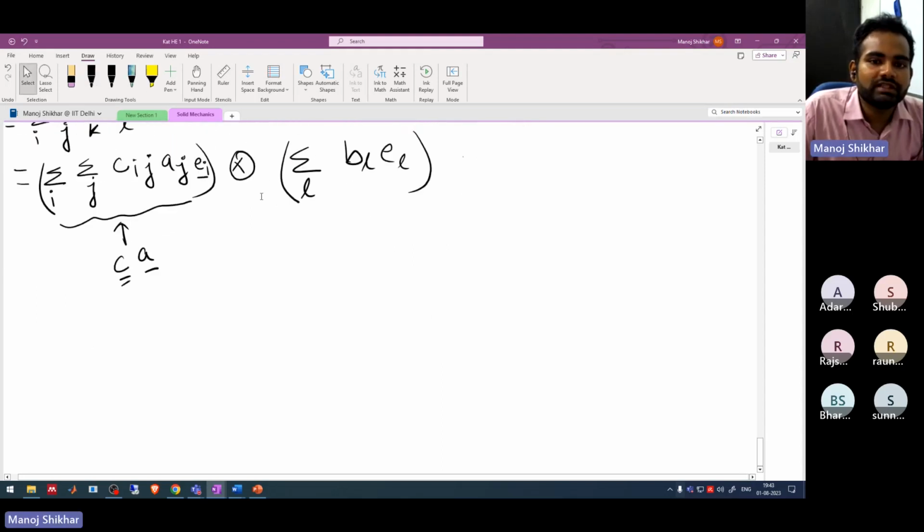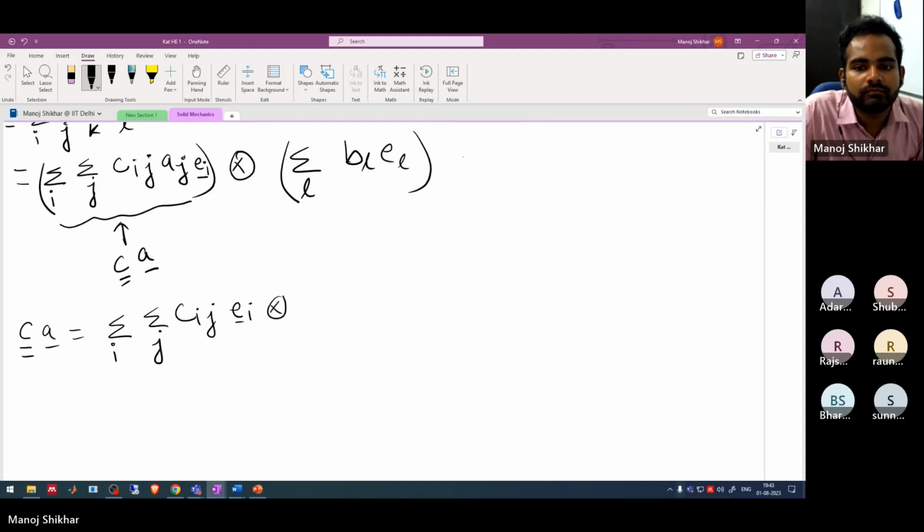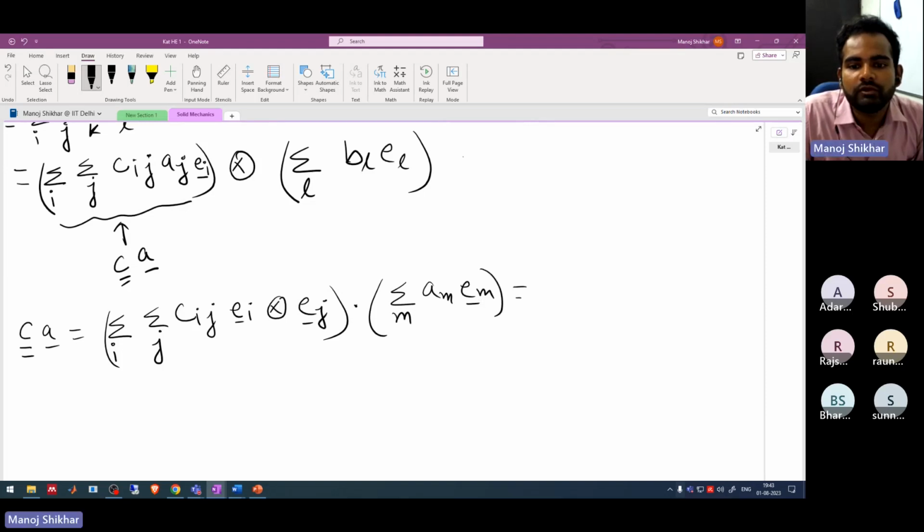So how to prove these two are same? Simply write A as, what will happen?